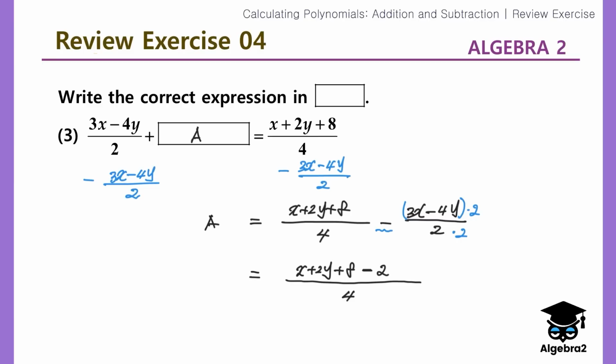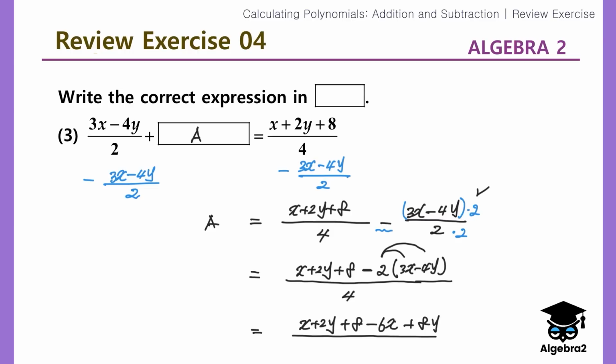Minus 2 times (3x - 4y). So that is equal to x + 2y + 8 minus 6x + 8y, over 4.